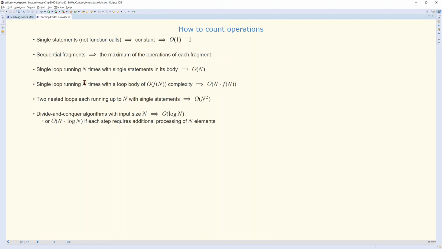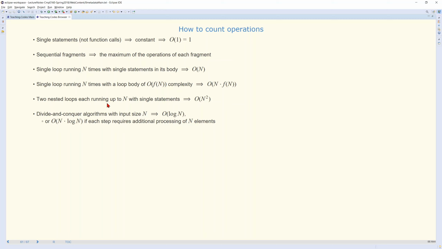However, if the loop body itself is dependent on the size of the input, say with some complexity of f(n), and the loop is iterating that loop body n times, then we have a complexity of n times f(n).